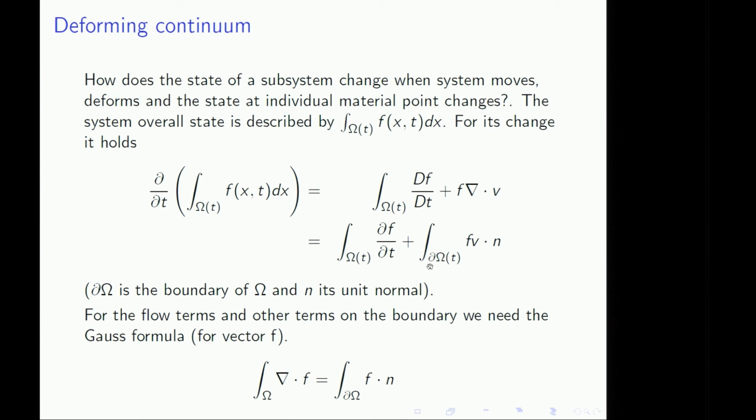So this refers to the system boundary, and this is the normal of the system boundary. So there's something happening on the boundary that will add to what happens inside the system at given points.